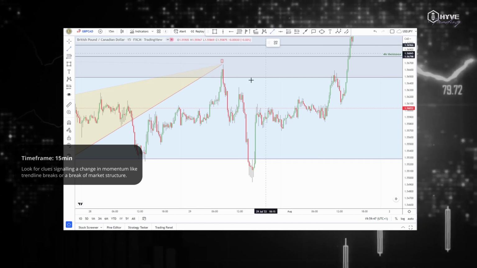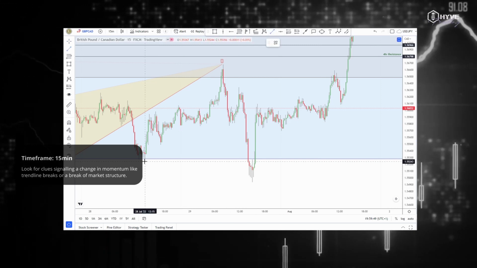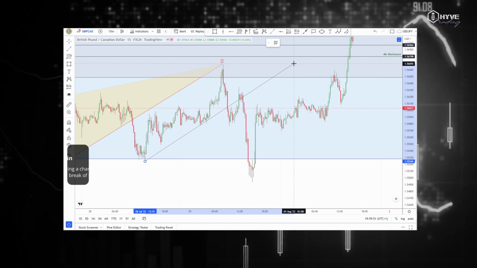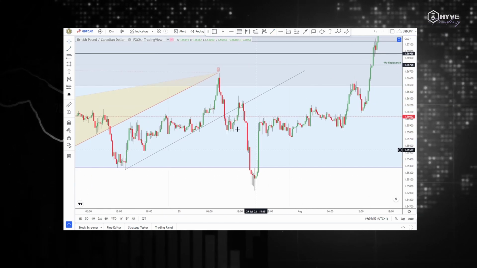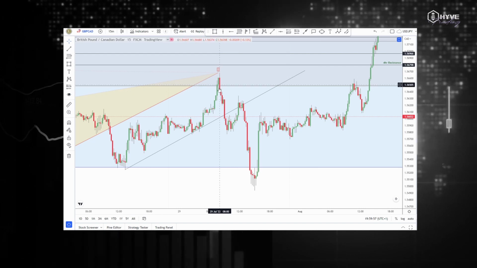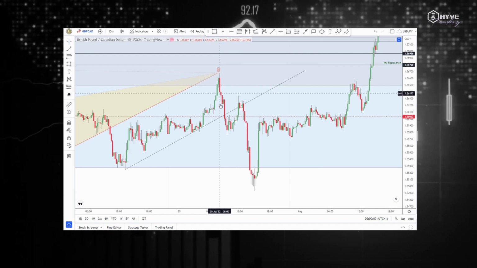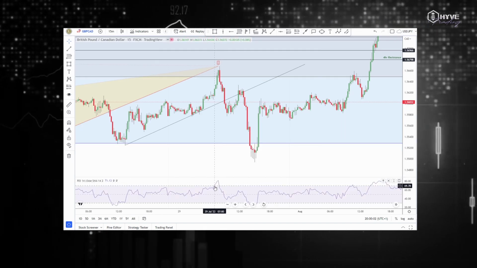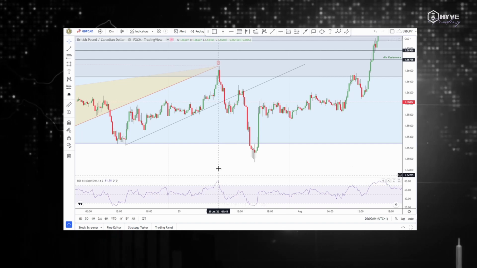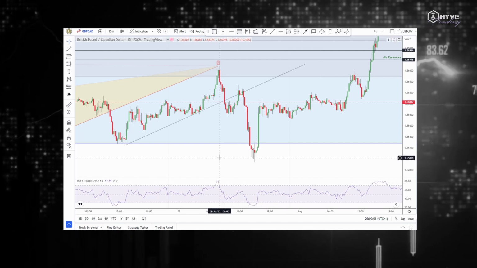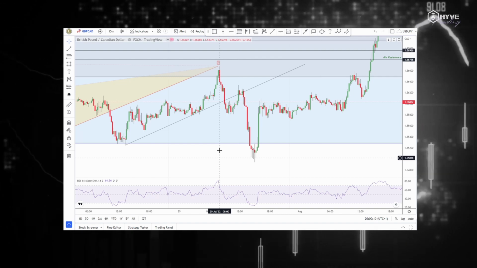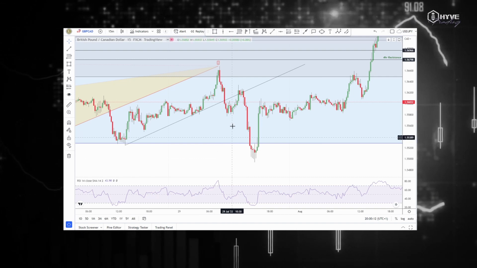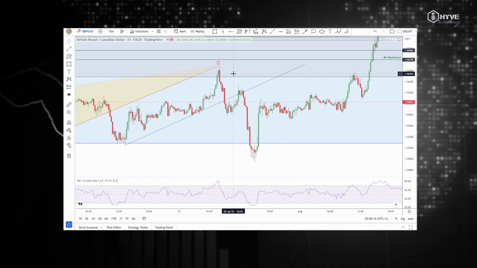So what I did was I took a trend line like so, and you can see first we got this engulfing, and this is on the 15-minute, by the way. And also you can see how high into the RSI it was. You know, I don't like to say overbought, but in this case it was overbought considering all the confluence we've gone through.